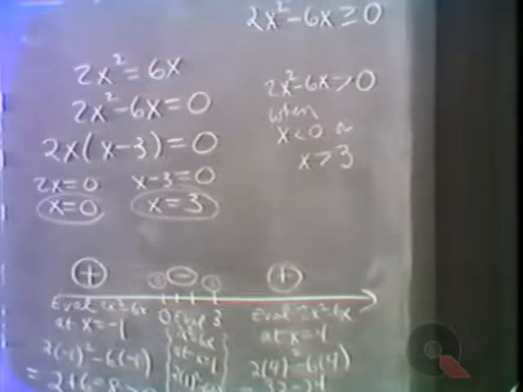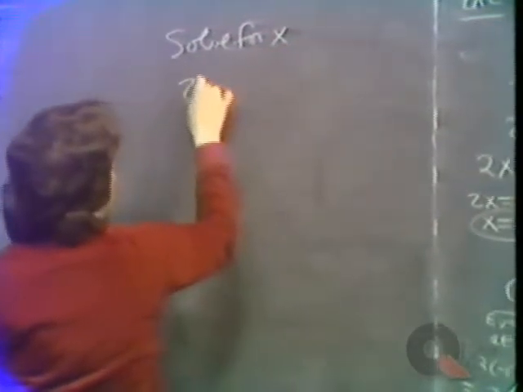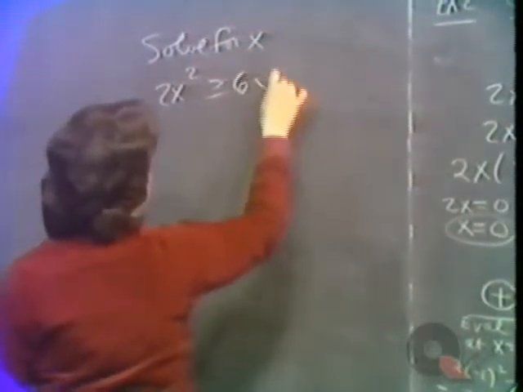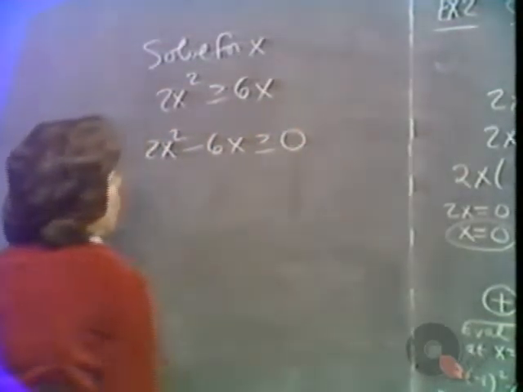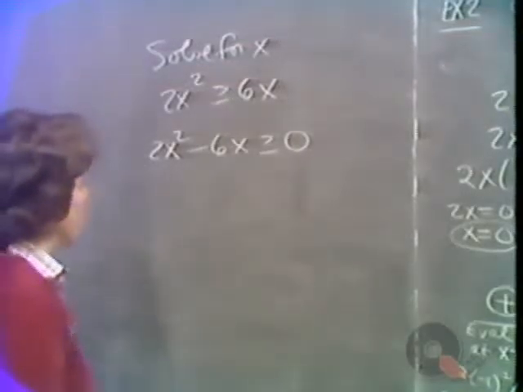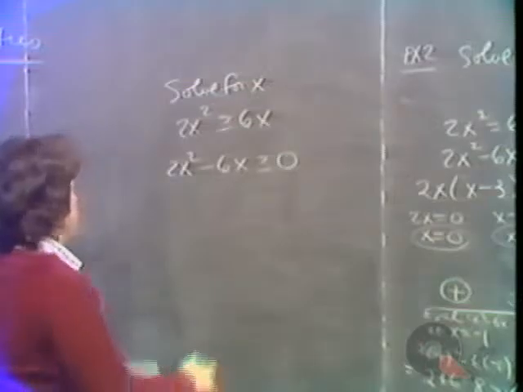Okay, we wanted to solve for x, 2x squared greater than or equal to 6x, or 2x squared minus 6x greater than or equal to 0. We found out it was equal to 0 at 0 and 3, and it was positive when you were less than 0 or greater than 3.